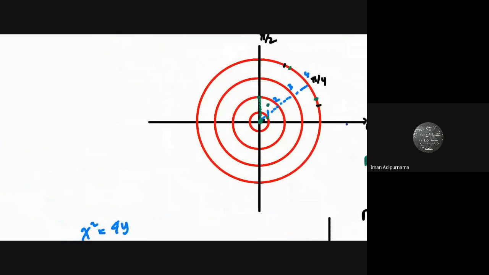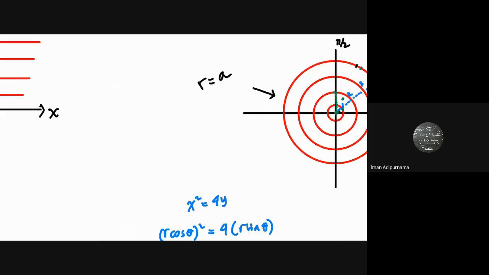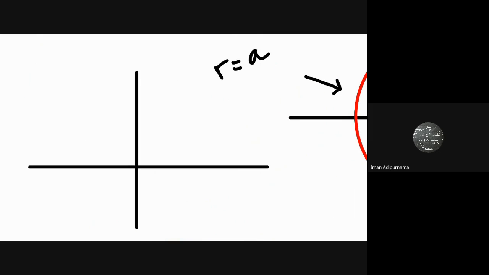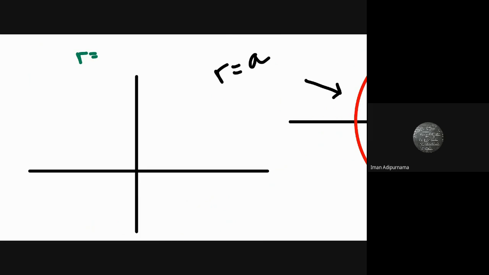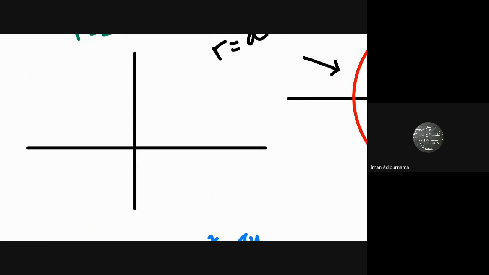This red circle here is actually if we have r equal to a constant, meaning we have a different constant symbolized by the radius. For example, if r equals 2, that means in polar we will have a circle with radius 2.